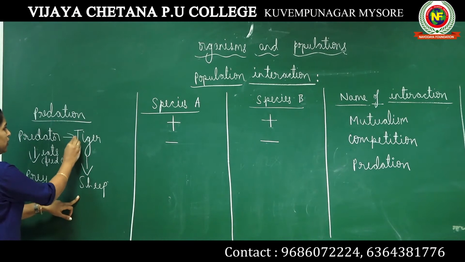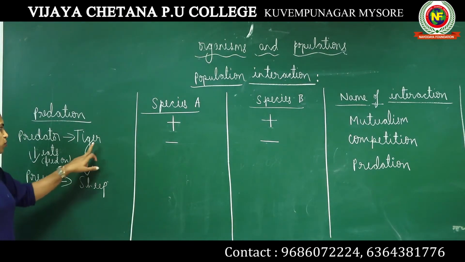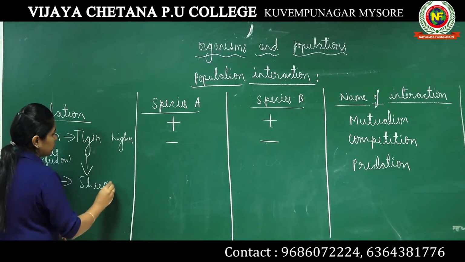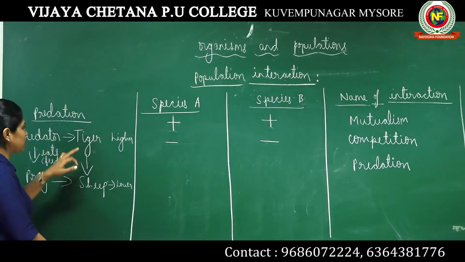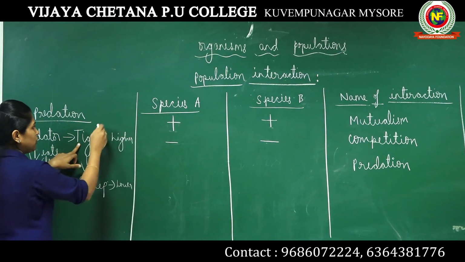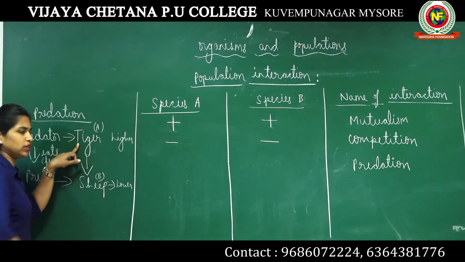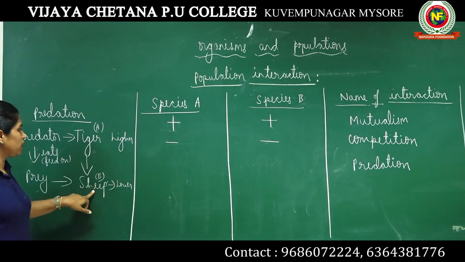So tiger is a predator, sheep is a prey. Tiger belongs to higher trophic level, whereas sheep belongs to lower trophic level. Now let's consider tiger as species A and sheep as species B.